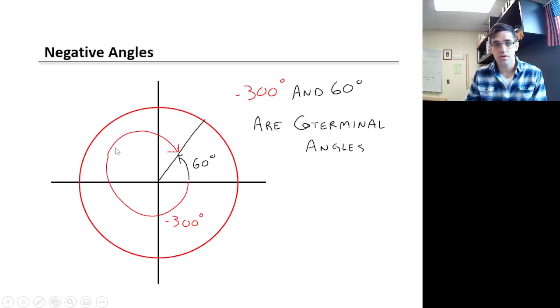So negative 300 degrees is coterminal to 60 degrees. And if I go down another 360 degrees, another full rotation, it would be negative 660. So negative 660 would also be coterminal to these ones. So that's coterminal angles greater than 360 and less than 0.